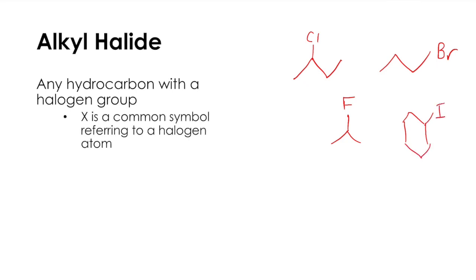And so the general way that we represent a halogen is with an X symbol. An X simply means that it could be any of the group 7 elements. So fluorine, chlorine, bromine, iodine, any of those connected to a carbon makes an alkyl halide.